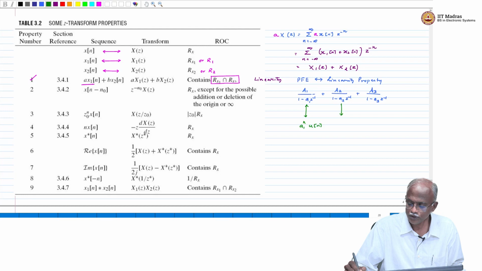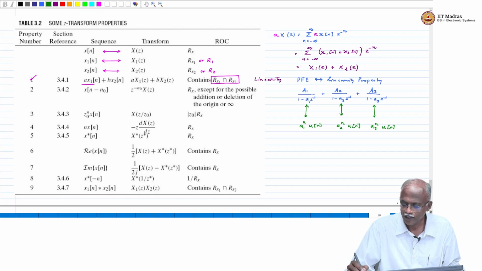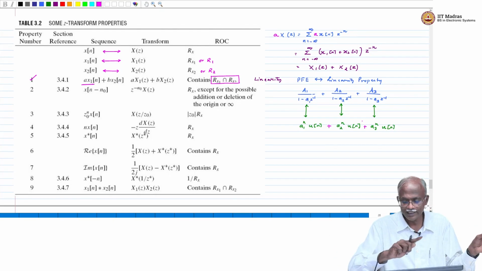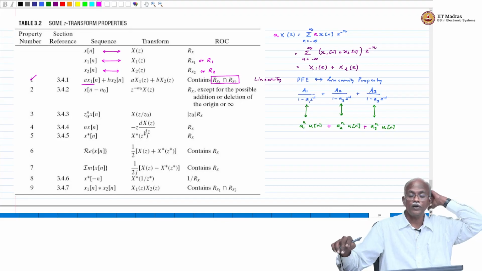We related this to A2 power n u of n. Again, I'm assuming all of them are right-sided, but otherwise you can still get the corresponding expressions. This will be A3 power n u of n. Okay, these three terms added together in the time domain produce for us the sum of their corresponding Z transforms.